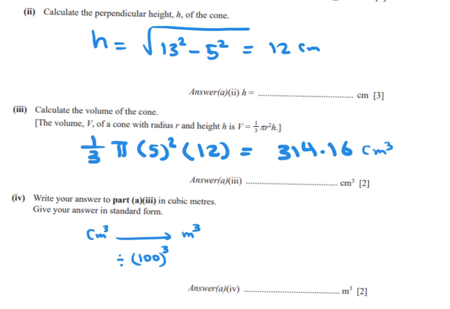So divide the answer by 100 to the power 3, so the answer is 0.000314.